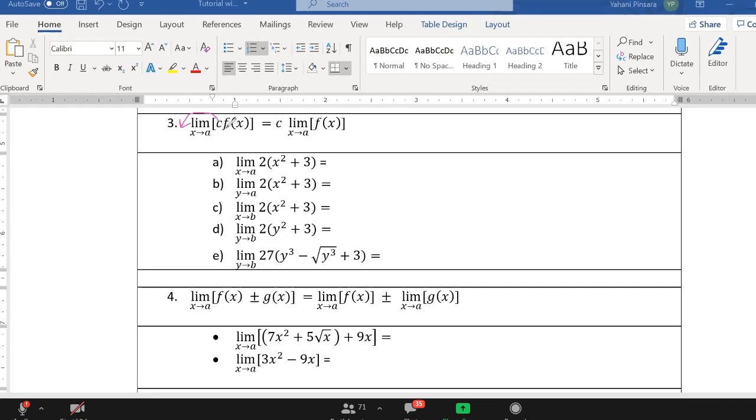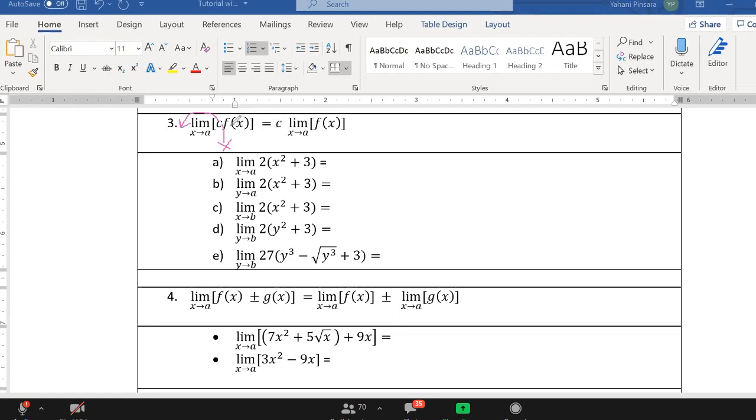If there is a multiplication in between the constant and the function, in that case you can take the constant outside the limit. If you have a multiplication sign, only then can you take this constant outside.